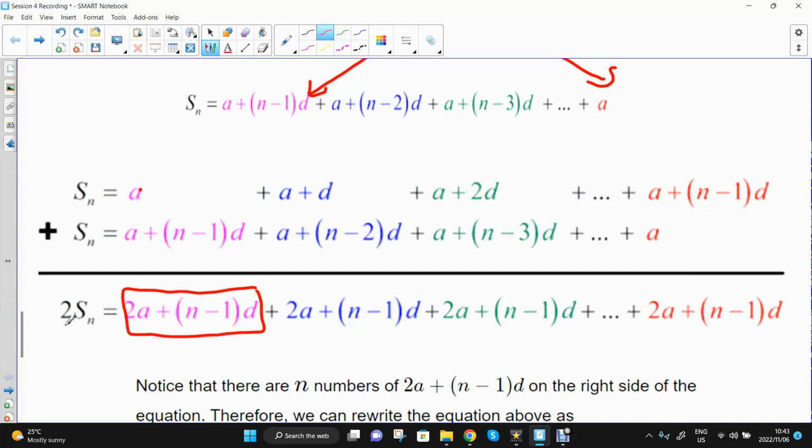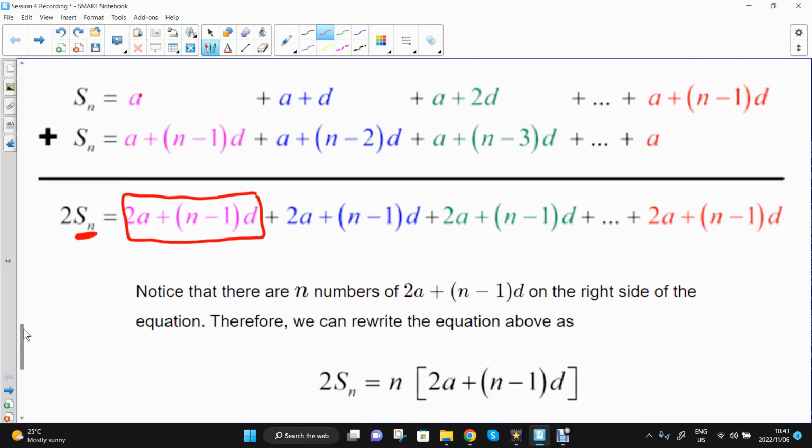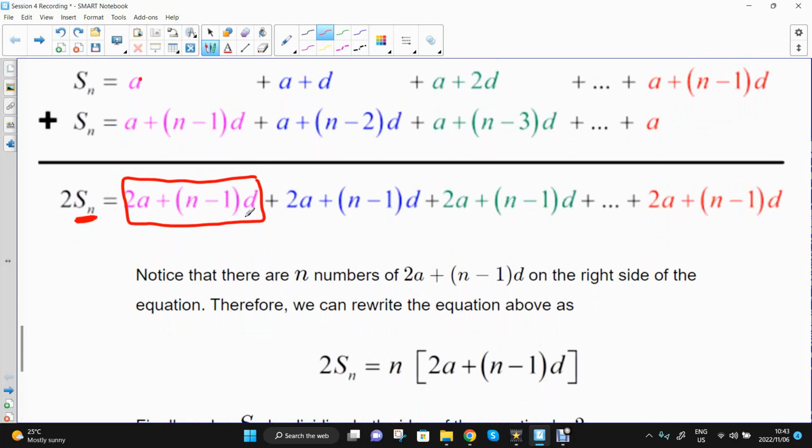So finally, we are now at that formula. All we need to do is to get Sn alone. So we are going to divide by 2 later on, but also we need to know how many of these do we have. You see, it's 2a plus n minus 1d, and then another one, and then another. So we know that we've got n terms, because it goes on forever and ever.